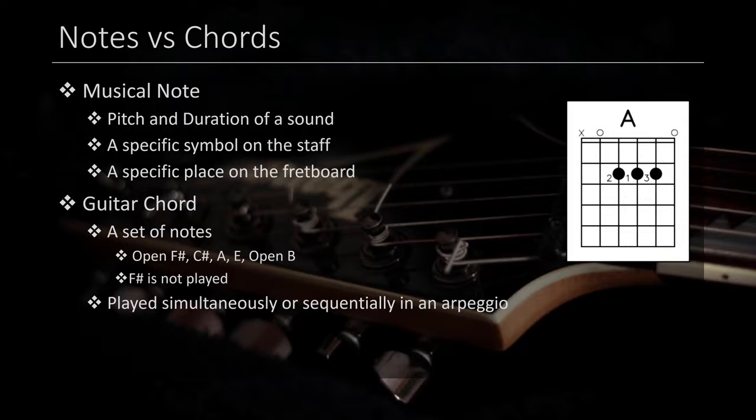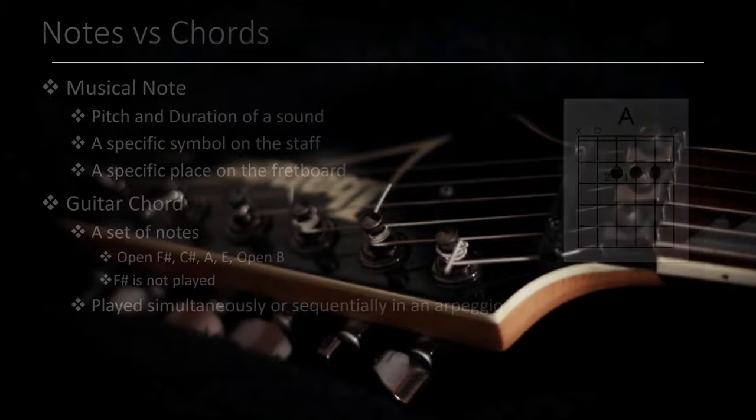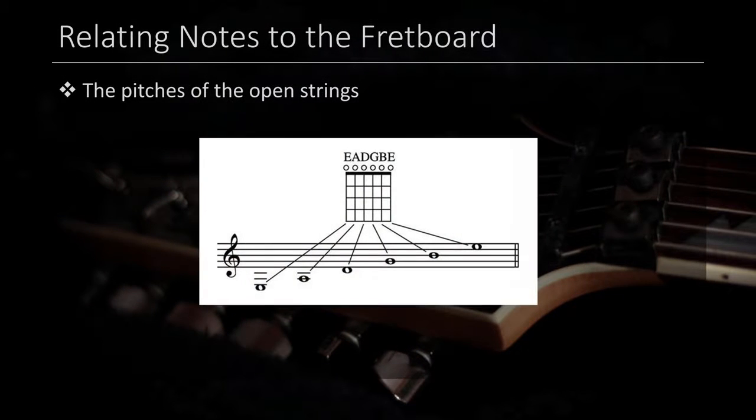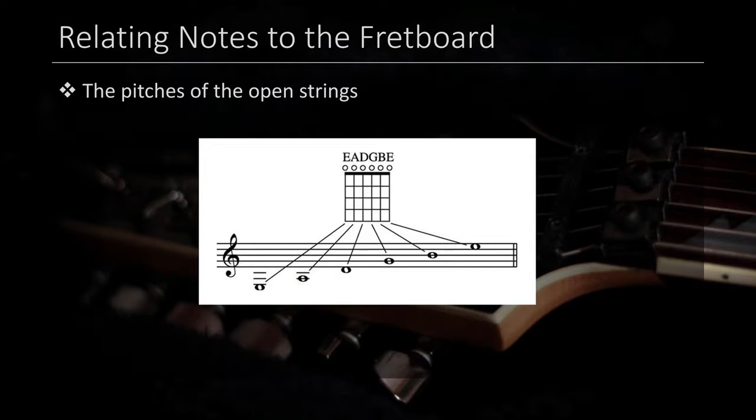And all of these notes are played simultaneously, or in an arpeggio they can be played sequentially. So that's the difference between the two, and in this video I'm going to be looking more at musical notes and where they are in relation to the fretboard.